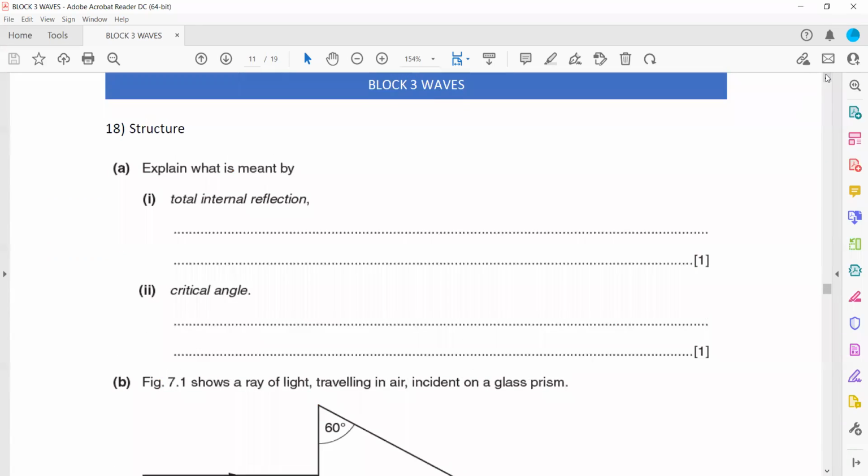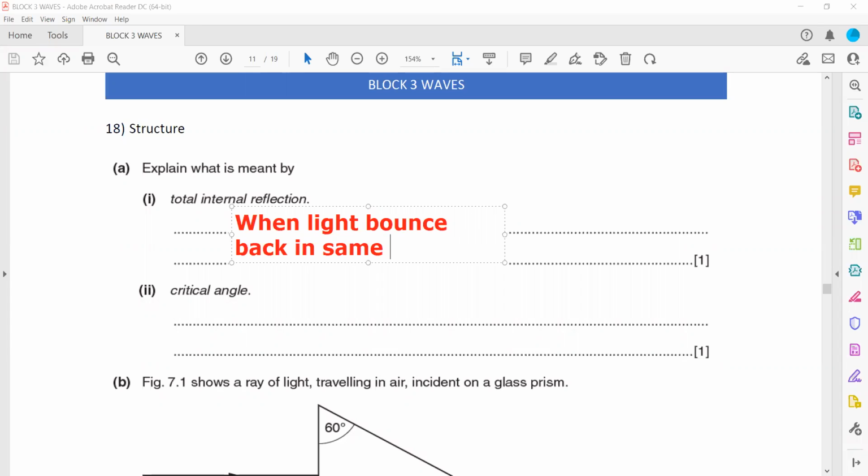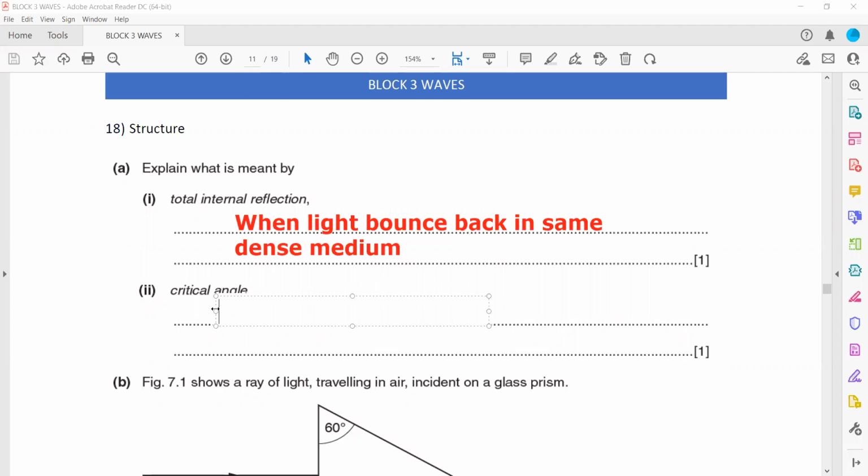Then the definition: explain what is meant by the term total internal reflection. What is the definition of total internal reflection? When light bounces back in the same dense medium, we call that total internal reflection. And what is the critical angle?